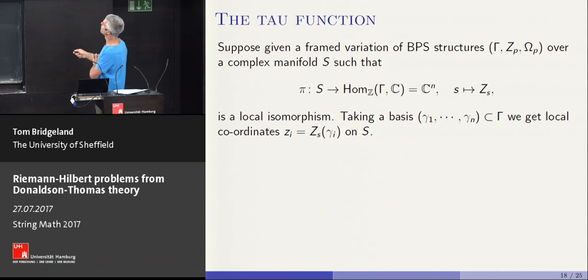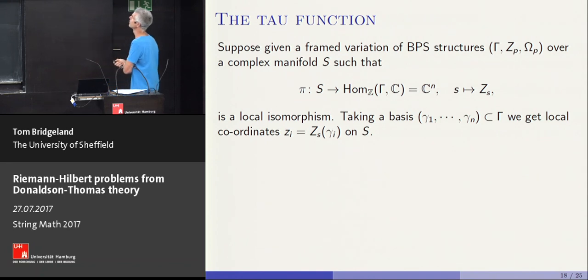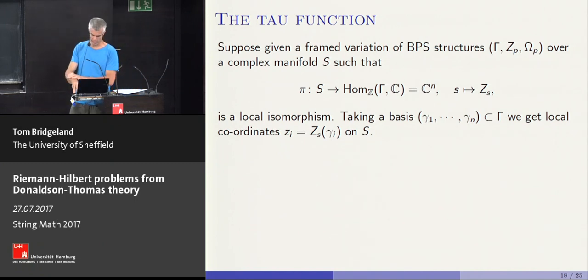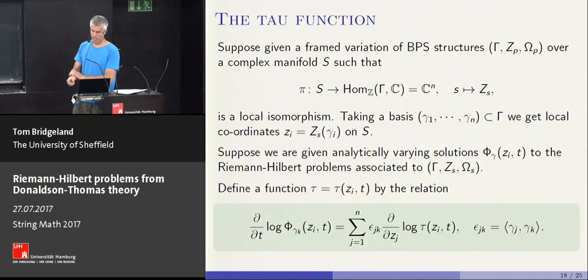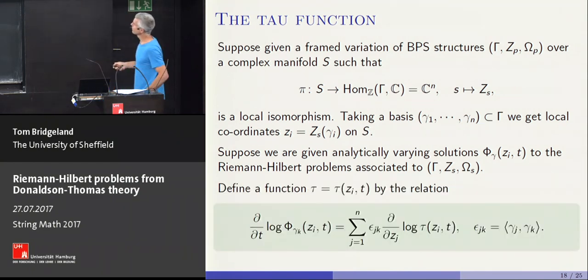So the map from the manifold to the space of central charges is a local isomorphism. So this is the situation where you're talking about stability conditions. And if I take a basis, then we can think of these as local coordinates on my base. And let's suppose we have some analytically varying solutions to the corresponding Riemann-Hilbert problems. Then I want to define this thing.